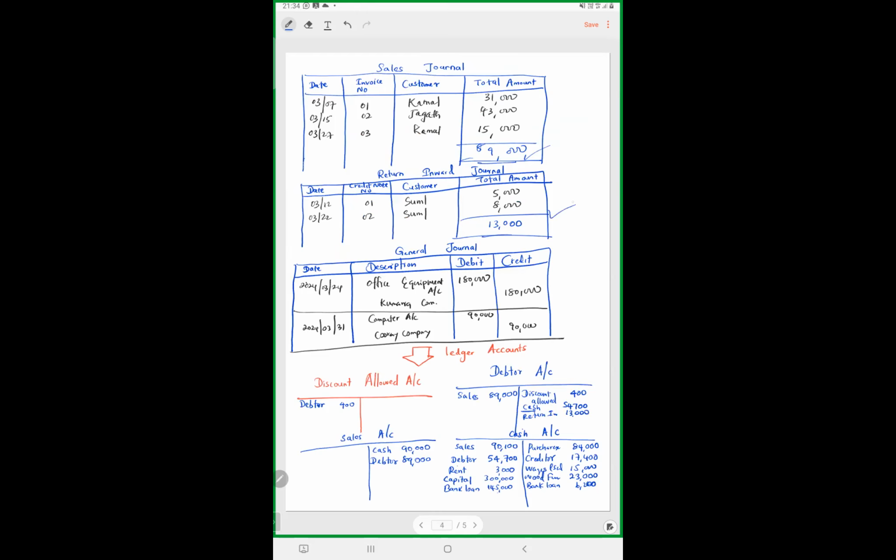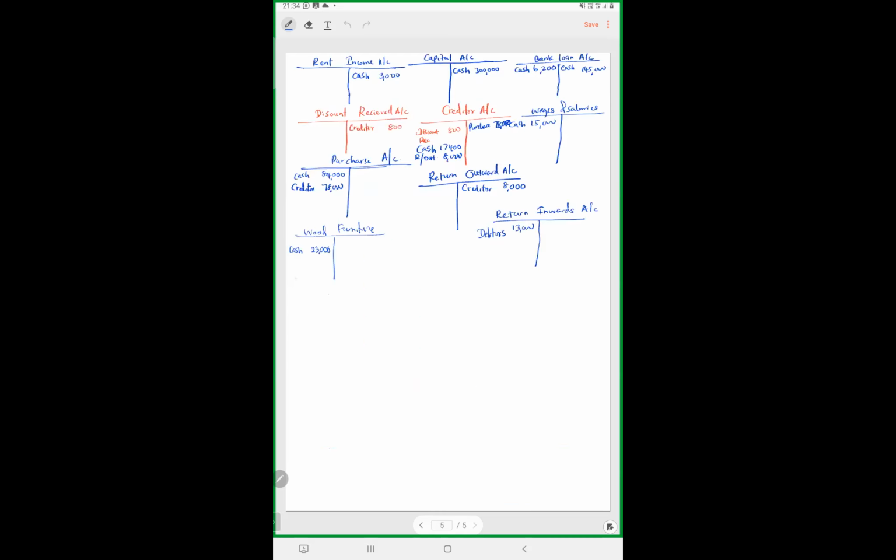Then this one also. And next, in general journal, we need to separately create all these entries. So then we need office equipment account debit, Kumar company account credit. So then you need to create a ledger account, office equipment, and Kumar company.